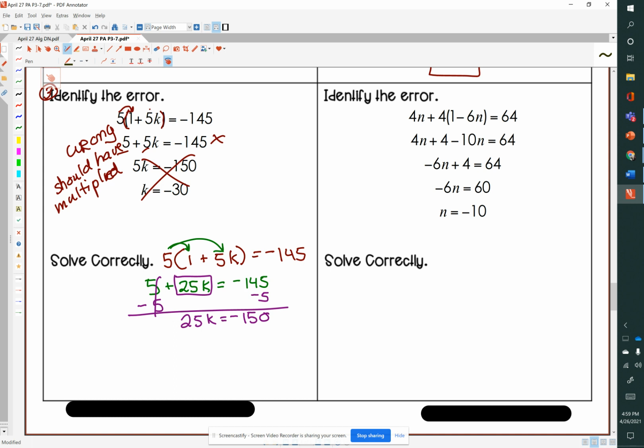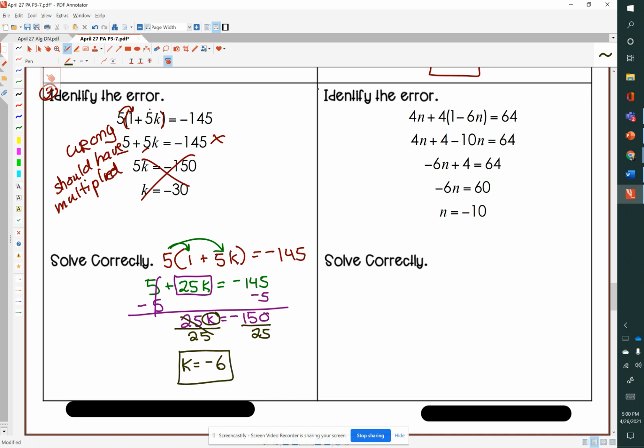So now what's happening to k is being multiplied by 25. So instead we will divide by 25, which isolates our k, and k equals negative 6. Because 150, think of quarters. 150 divided by 25 is 6, and a negative divided by a positive is a negative.